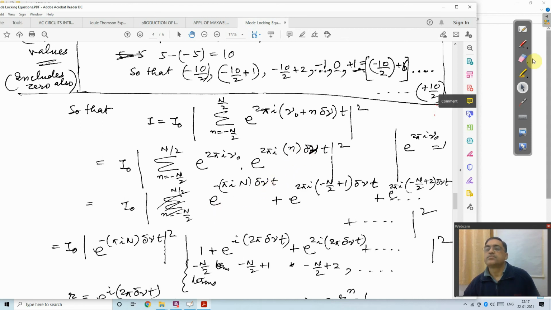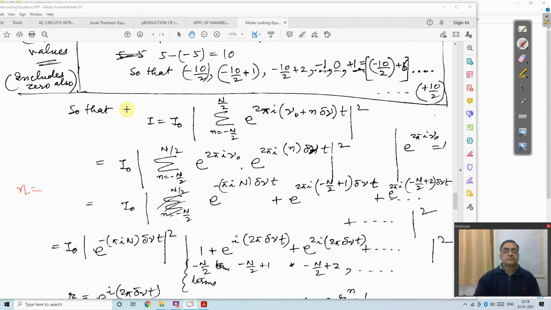So here we keep n equal to n by 2, then minus n by 2, then minus n by 2 plus 1, and so on.